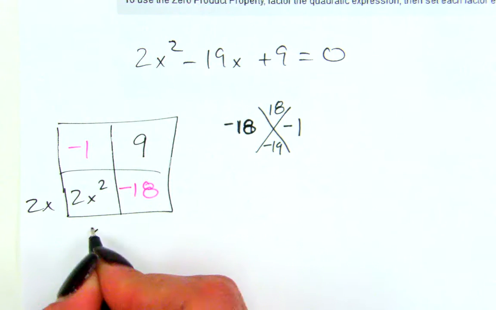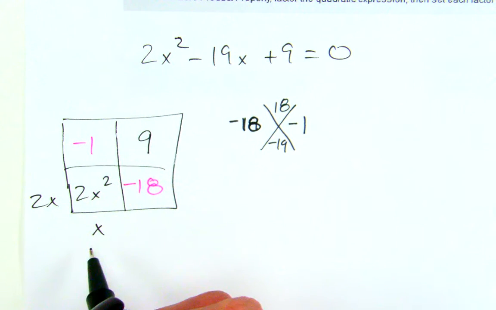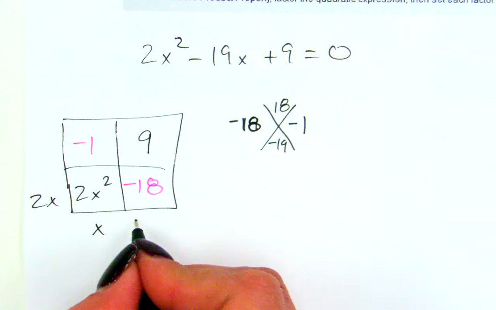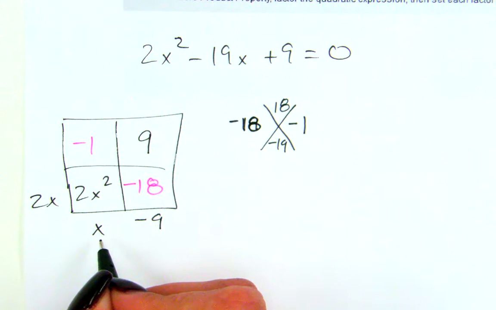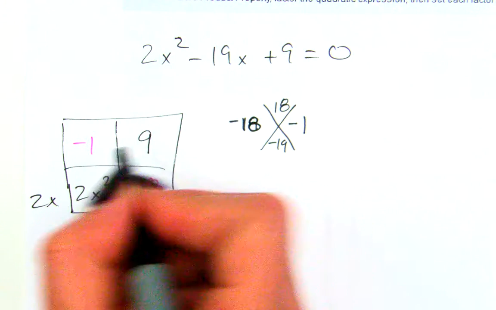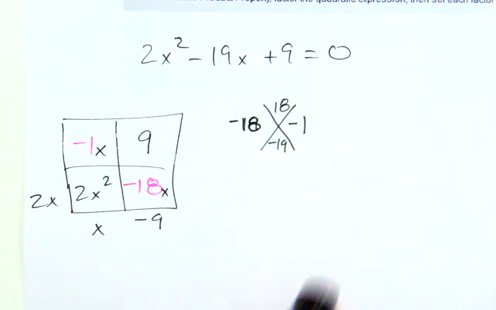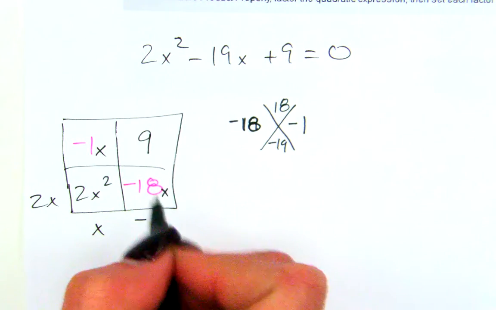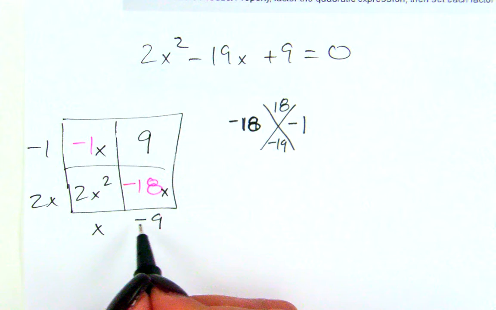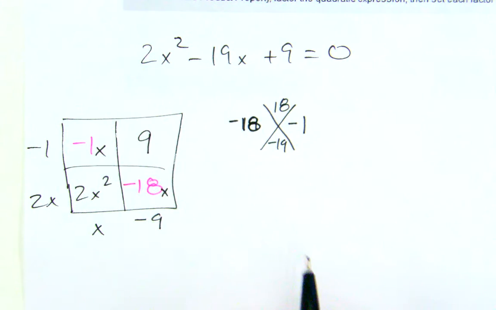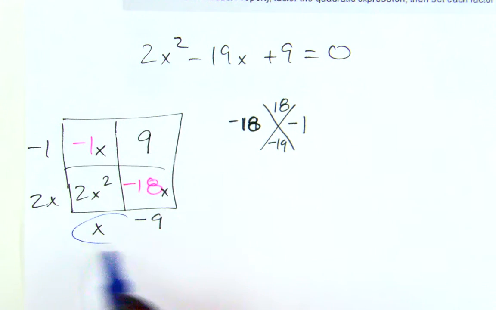We got 2x and an x. This has got to be a negative 9. And then that means this has got to be, oops, I forgot the x's. Sorry. Okay. And then this is negative 1. Negative 1 times negative 9 is going to give you a positive 9. So, whee! We have our factors.